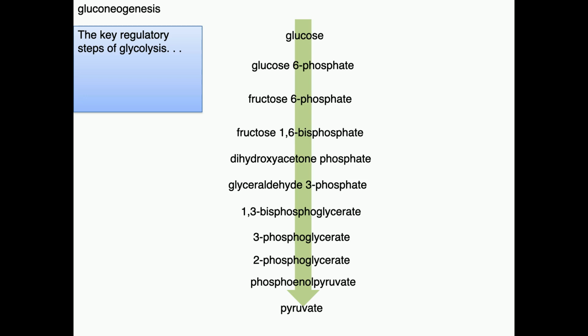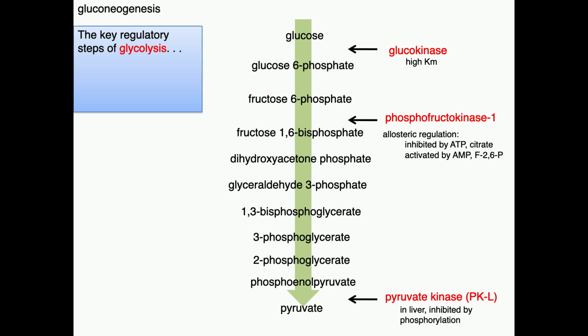If you consider gluconeogenesis as just being the reverse of glycolysis, it's using all the same enzymes except for the enzymes catalyzing those three key regulatory steps: glucokinase/hexokinase, first phosphofructokinase 1, and then pyruvate kinase. These regulatory steps are catalyzed by different enzyme complexes in gluconeogenesis, but some of the regulation is coordinated.